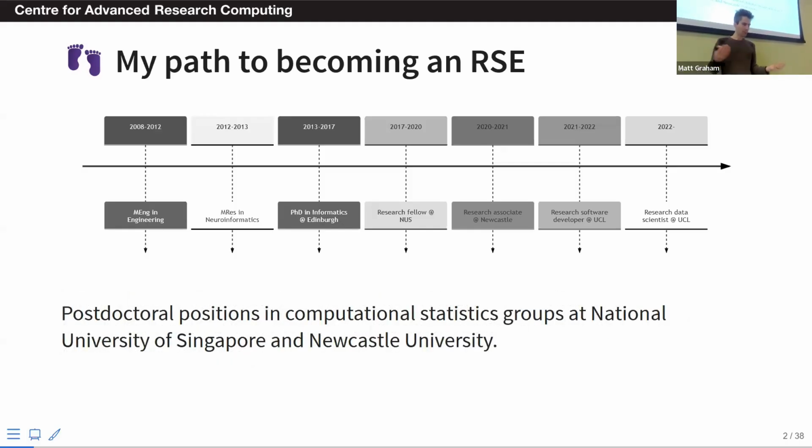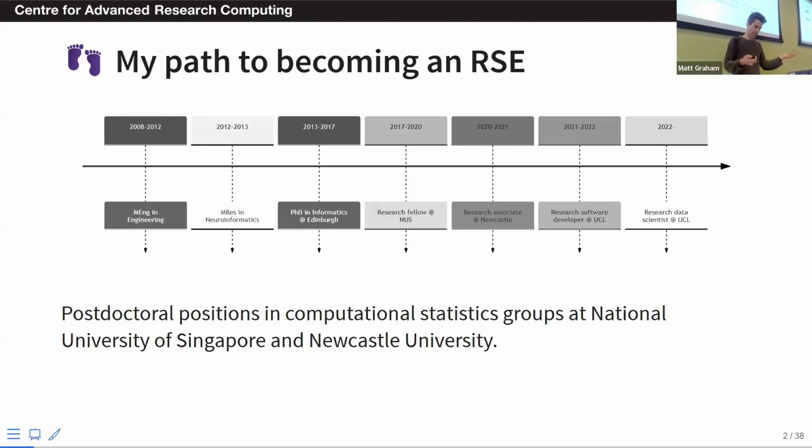After completing my PhD finally in 2017, I did the standard thing of saying, okay, I'm not really sure what I want to do longer term, but I'll go and do a postdoc. I stayed in the computational stats area, still using various autodiff tools at this point.